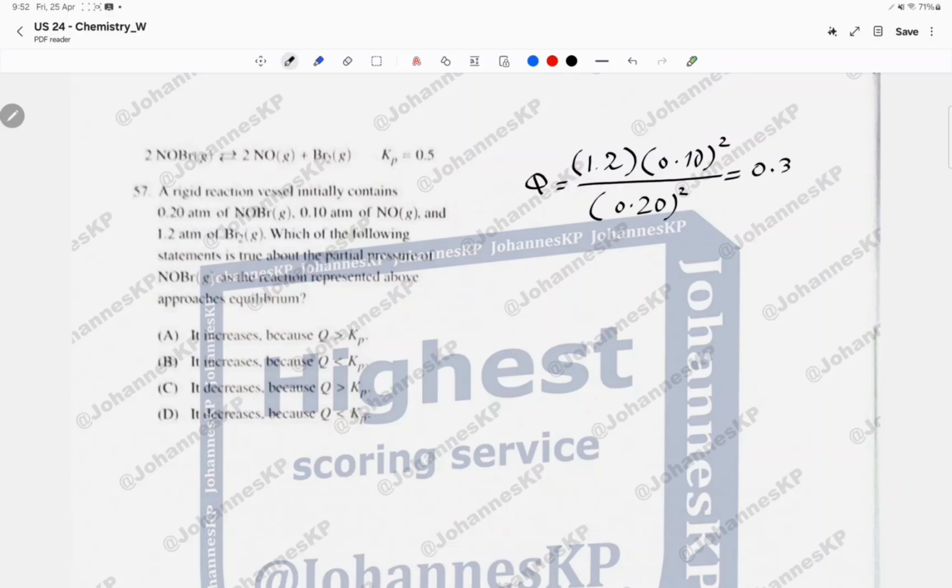And you get 0.3, so K versus Q, put the Q on the left. K is larger, it's at 0.5. Reaction has to be going to the right side. And so NOBr will decrease over time. NO will increase, Br2 will increase. So NOBr will decrease because the K is bigger.